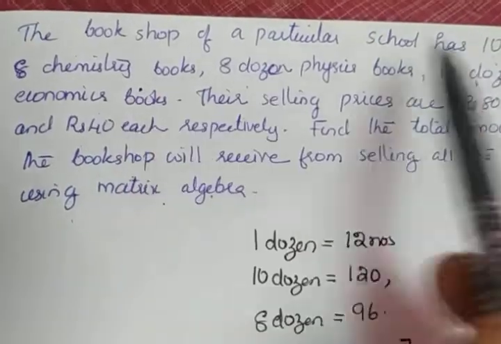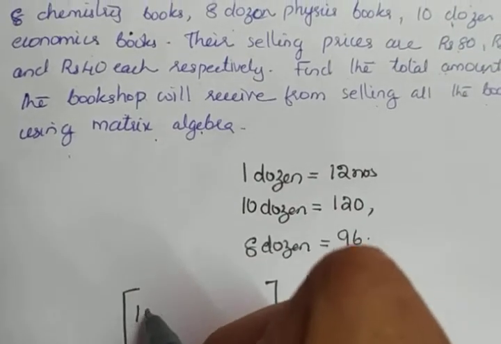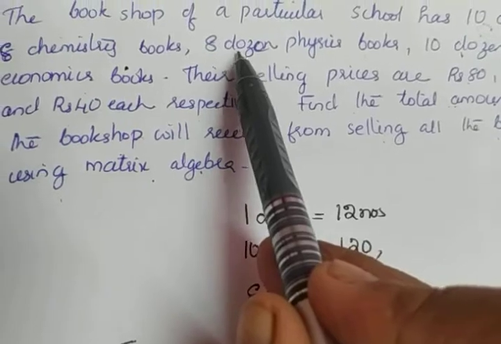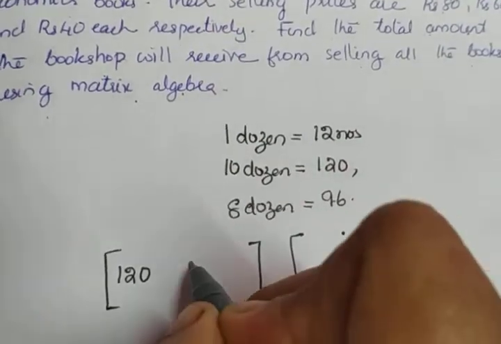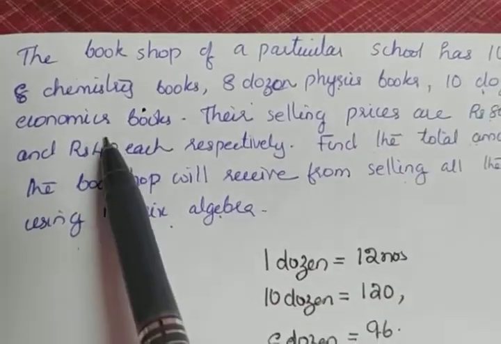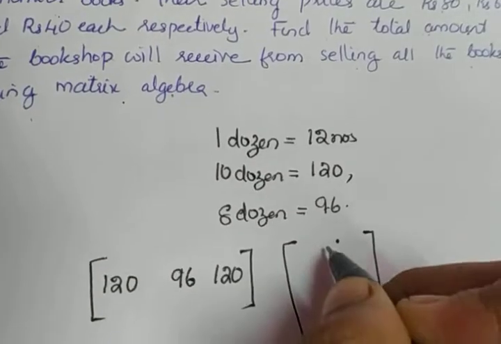How many chemistry books are there? 10 dozen, which means 120. The next element is the number of physics books. 8 dozen are there and we already calculated 8 dozen as 96. So the second element will be 96. Again, one more book is there, economics books. That is also 10 dozen, which is again 120.